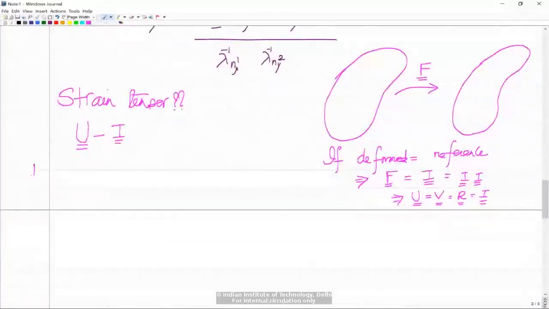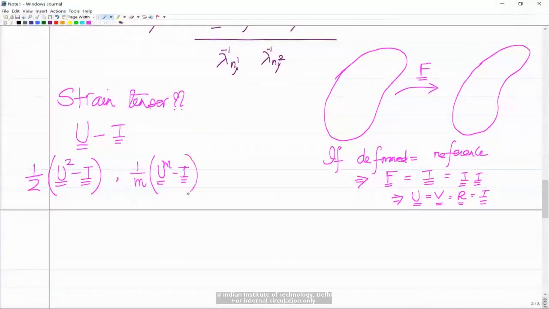One of them is, for example, half of U squared minus identity, or you can generalize it to 1 by m of U to the power m minus identity. This is another measure of strain. Or you can write it as ln of U. So ln of U also vanishes when U is equal to identity, since ln of identity is 0. It's the zero tensor.